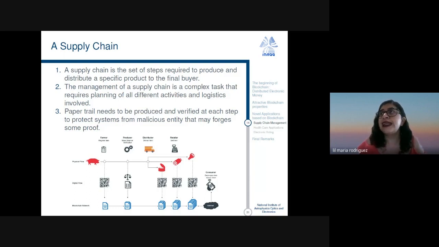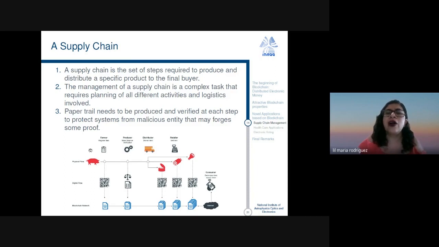And the idea is that we have to get a paper trail that should be produced and verified at each step to protect the system from malicious entities that may forge some of the proof.